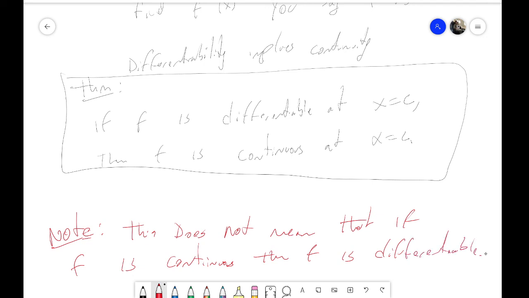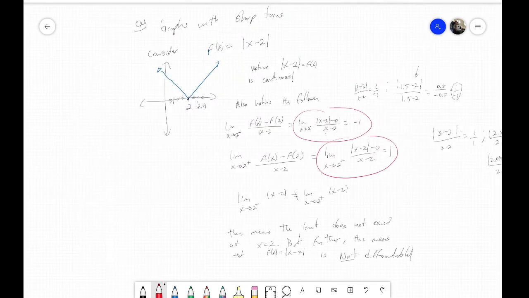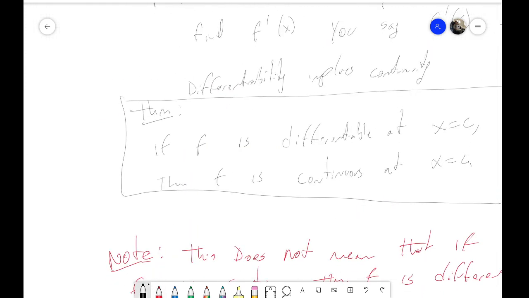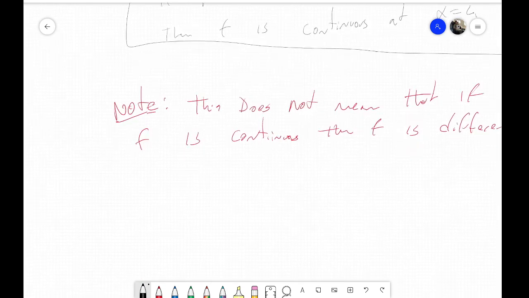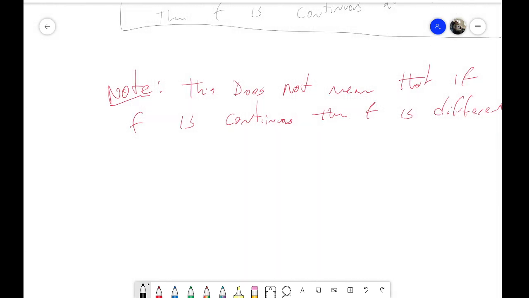They assume that because a function is continuous, it is differentiable, and that's not the case. The absolute value function is continuous, but it is not differentiable. There are other functions like it that are continuous at all x values, but they're not differentiable.